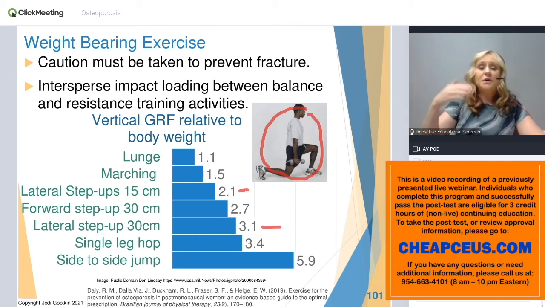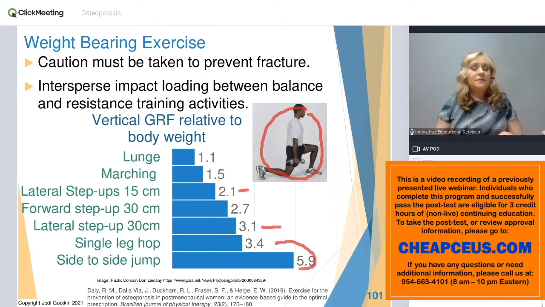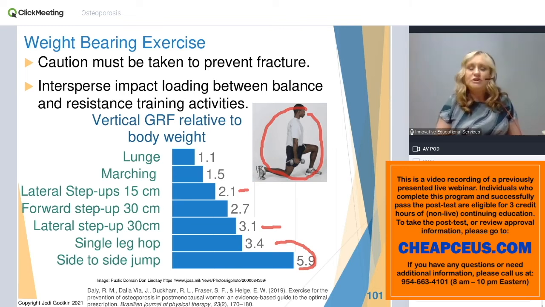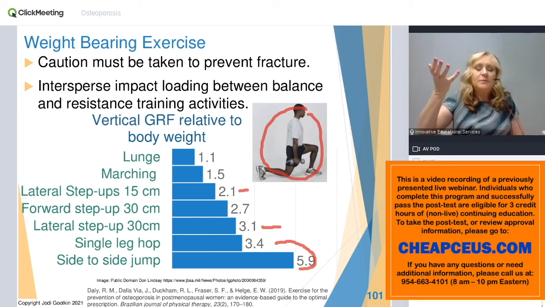So instead of just doing forward, do some lateral. Hopping and jumping, we know, are going to be higher, but even just dancing can be almost 3 times the body weight. Performing a foot stomp, where someone, instead of just walking, is marching in place, they can gently stomp a little bit. That's going to be over 4 times the body weight.